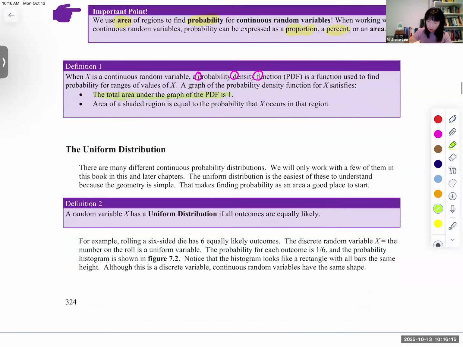So a random variable X has a uniform distribution if all outcomes are equally likely. We have the same, equal.